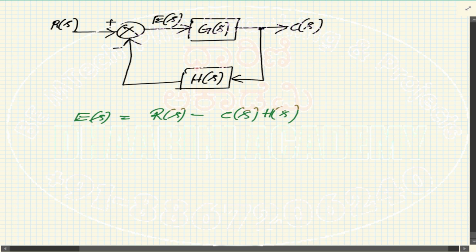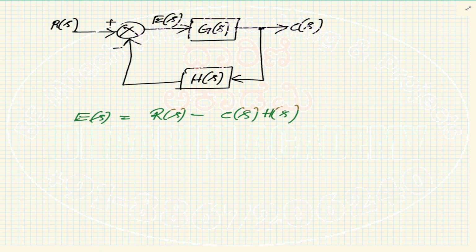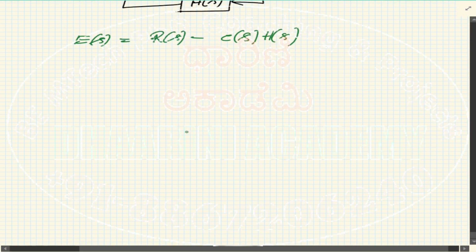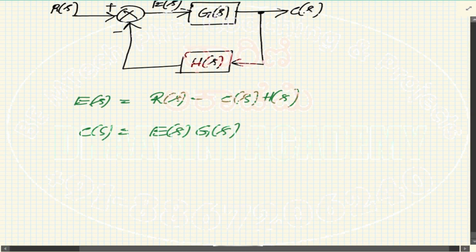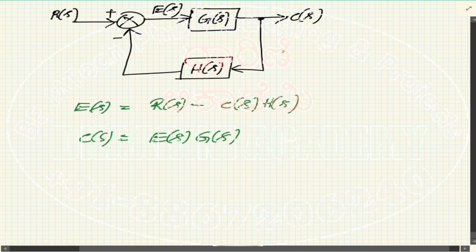All right, fine. Let's try to write an equation properly. What is C of s? C of s is equal to E of s into G of s, because the error gets multiplied by G of s to get the C of s.